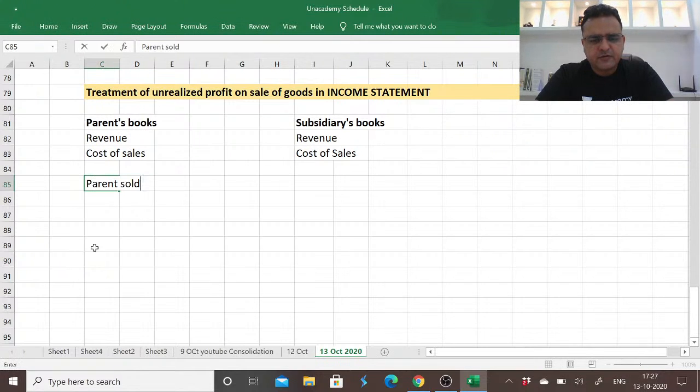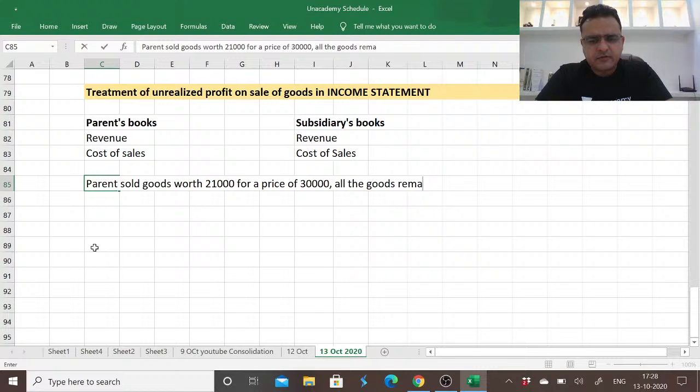So assume parent sold goods worth 21,000 for a price of 30,000. All the goods remain in inventory.